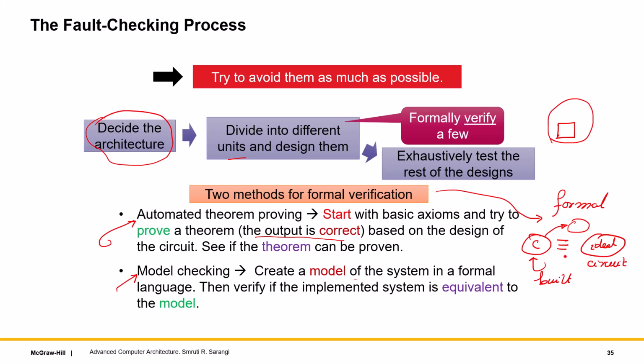So this diagram that I have drawn is more relevant for model checking, not for automated theorem proving, where I say that the circuit that I implemented is similar to a theoretical circuit, which means if the theoretical circuit is the adder, then I have a straight cut similarity over here. It's a very hard problem, undecidable in many cases, but the idea is that I take the circuit and I take a formalized model and then I try to prove properties on it.